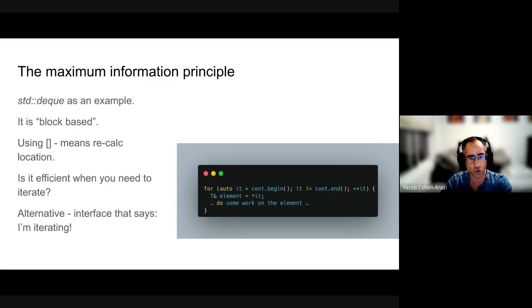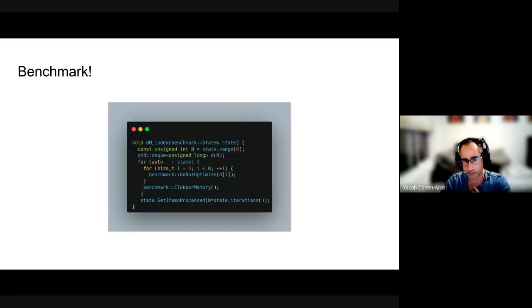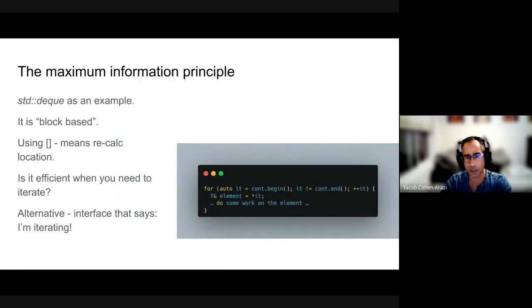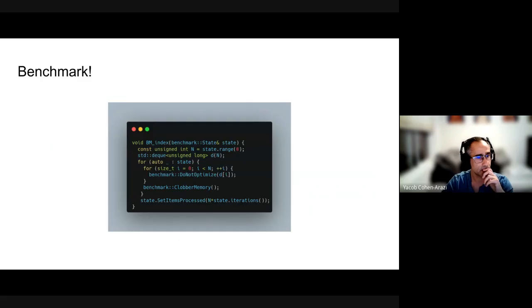So here's a benchmark. The benchmark has two things. One is using an iterator: you have a container and you just iterate over that. But you can also use the index operator, the subscript operator. So here's one benchmark that iterates over a deque with the subscript operator.